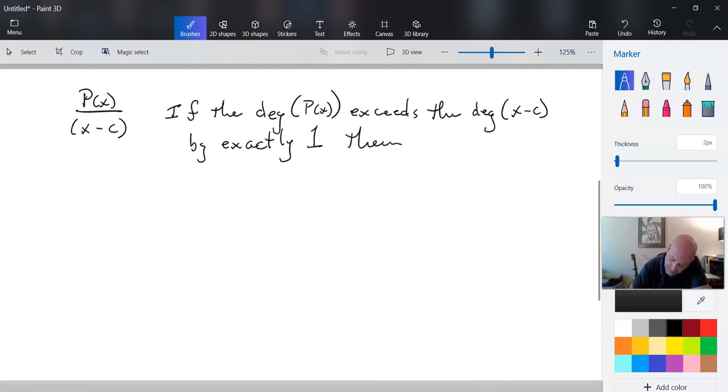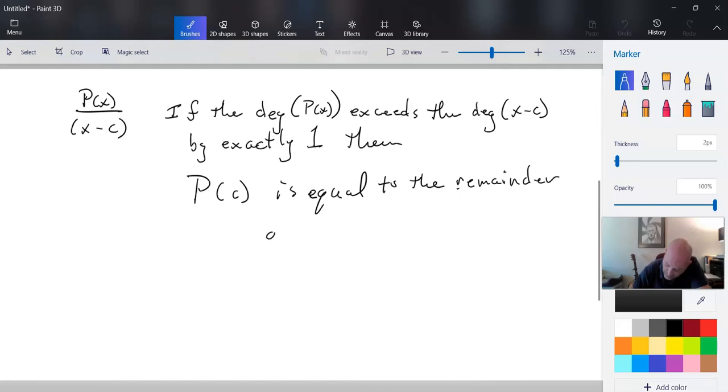Then P of c, so that means if I plug c into P, P of c is equal to the remainder of P of x divided by x minus c.